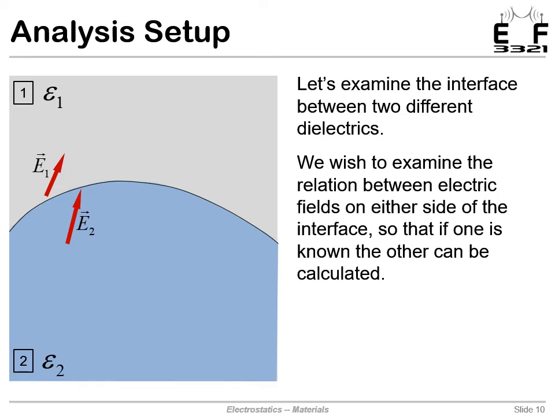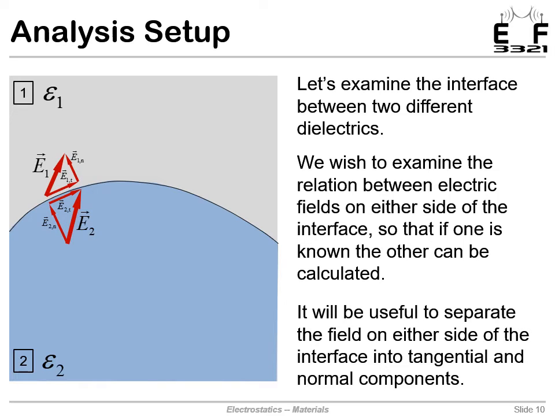Now, let's say we know the electric field on one side of the interface. We know E1. We'd like a set of rules to be able to calculate immediately E2. Those are our boundary conditions.